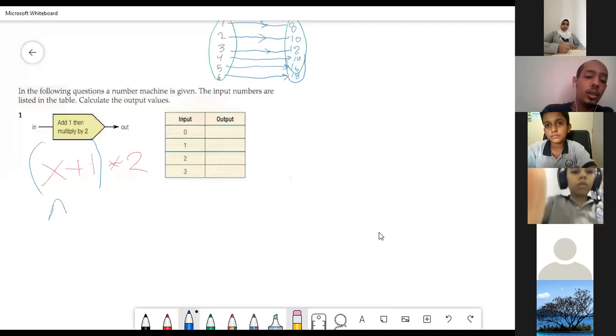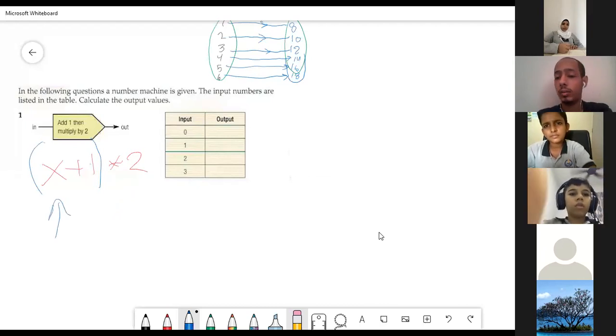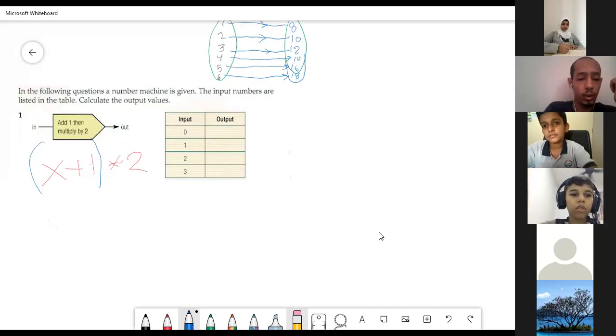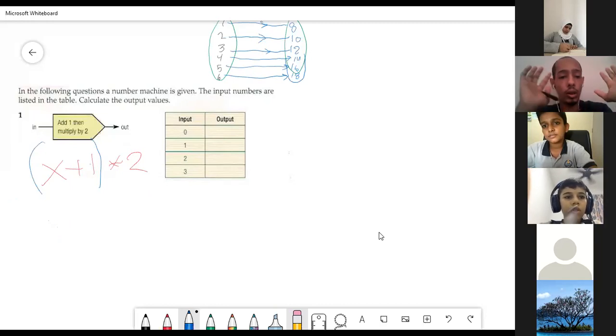To make the addition be carried out first, because according to the rule, addition should be carried out first. So that's why we have to put brackets around the addition. According to the order of operations, brackets must be carried out first, then multiplication. Now the rule is correct.